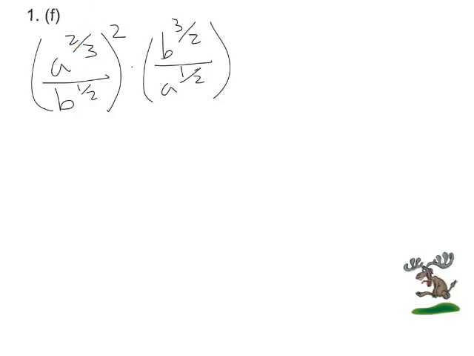So what we will wind up having is a to the 4/3, because 2/3 times 2 is 4/3, and b to the 2/2. So we've simply multiplied that exponent in, and we'll leave the second fraction as is.